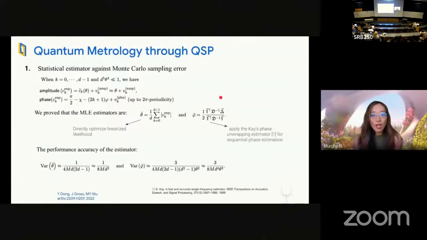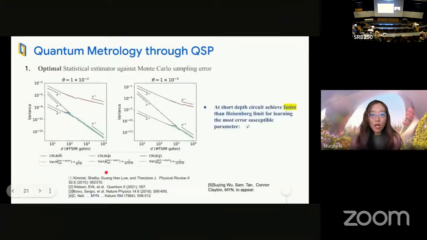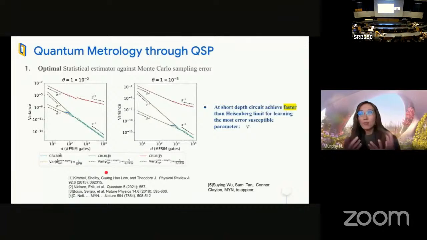Moreover, we show that we have a very simple estimator for the parameters we would like to learn, theta and phi, and our estimator is in fact a maximum likelihood estimator, and it's optimal in regard to its variance compared to the classical Cramér-Rao bound. So this means our estimator is optimal in regard to the post-processing for the given measurement circuit.